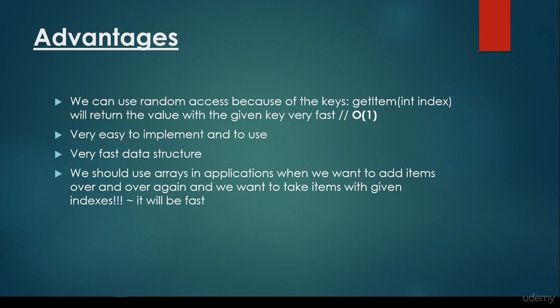It is very easy to implement and use arrays, and they are very fast data structures. We should use arrays in applications when we want to add items over and over again, and we want to take items with given indices. For these kinds of applications, it's going to be very fast to use arrays as the underlying data structures.